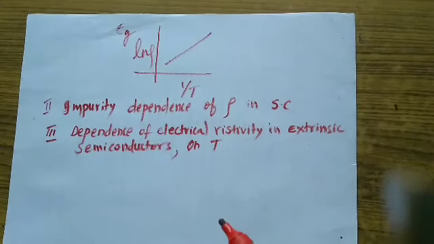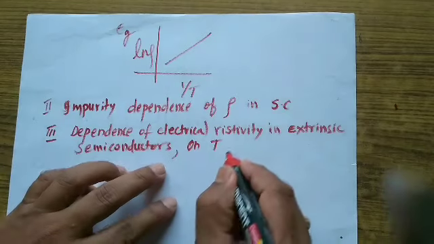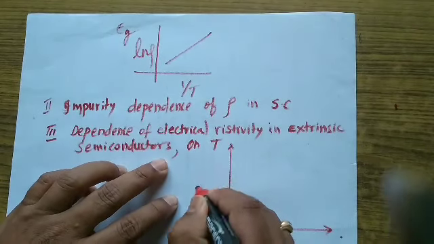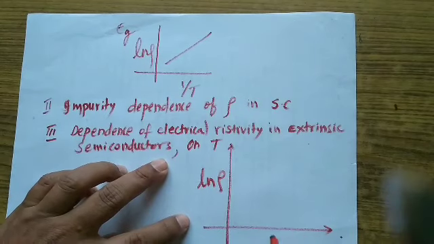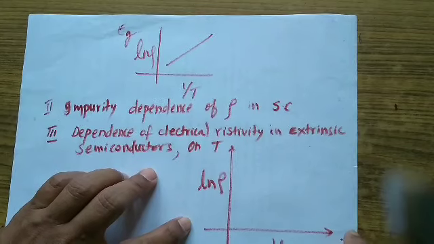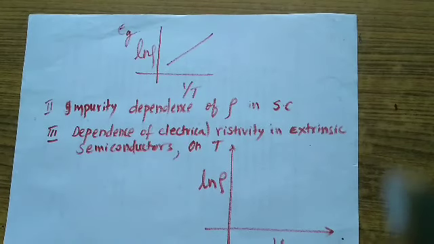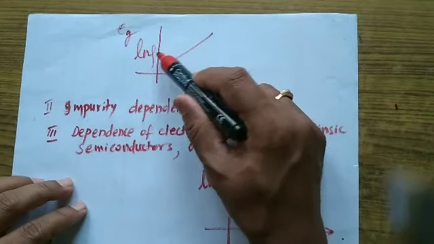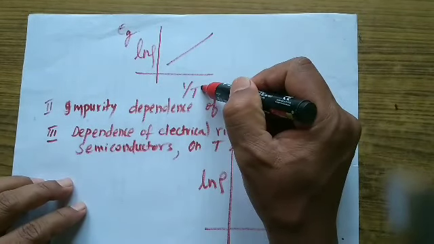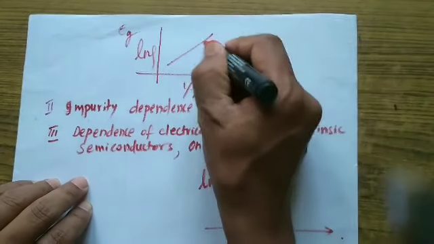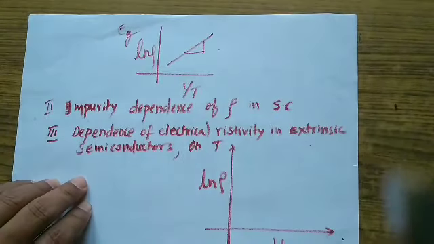So let us take the graph of natural log of resistivity versus reciprocal of temperature. In the case of an intrinsic semiconductor, ln rho versus 1 by T gives a straight line. The slope gives you the energy gap.